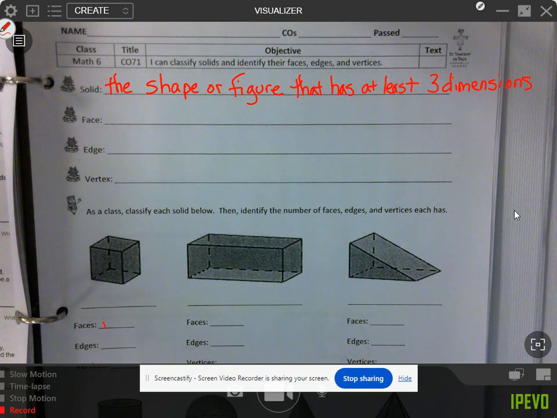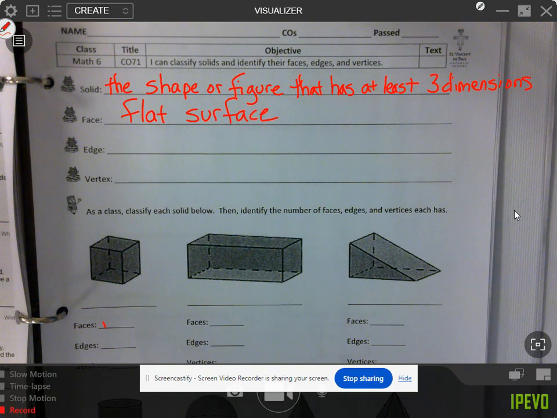So when we're talking about these 3-dimensional shapes, we have a face, the edge, and the vertex. And we have talked about this in our math packet. So let's go back to remember what it means. The face is the flat surface.